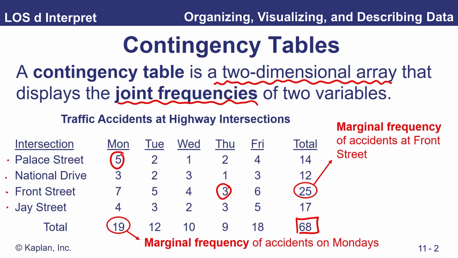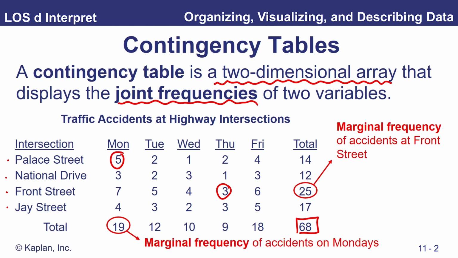Now, a useful thing about looking at our marginal frequencies is that immediately we can see things like the most dangerous street. Look at the totals, and look at the total for Front Street: 25 accidents in total occurred on Front Street.